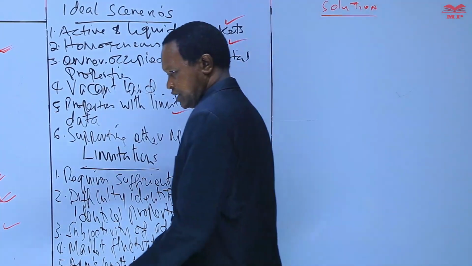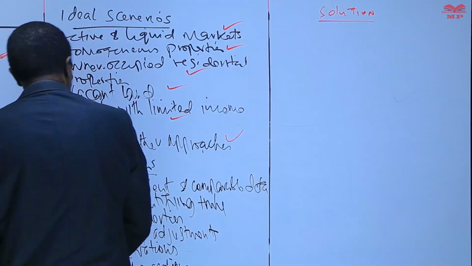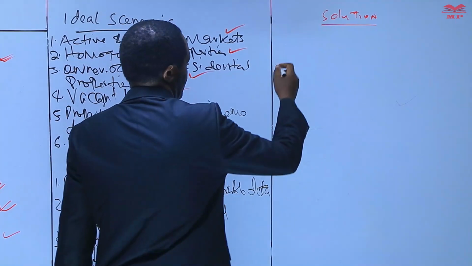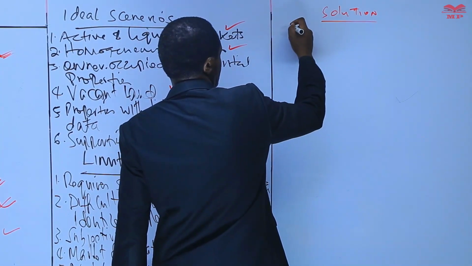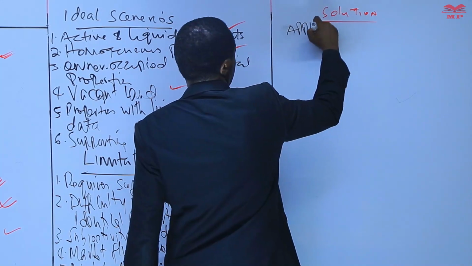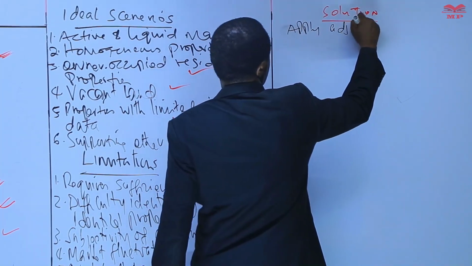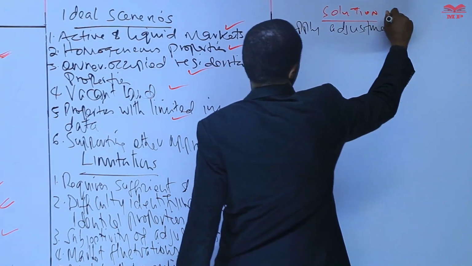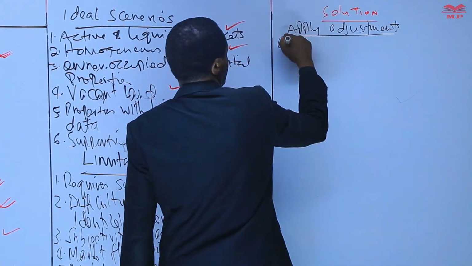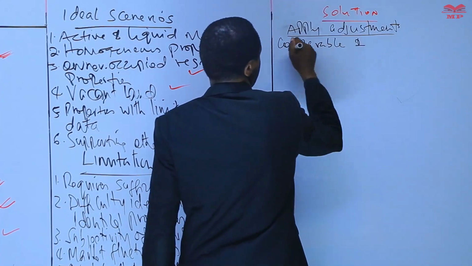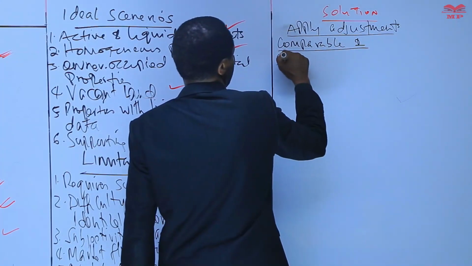Let me take my black pen. So comparable 1. So we apply adjustments. So that's the third step. Comparable 1. The first feature is size.